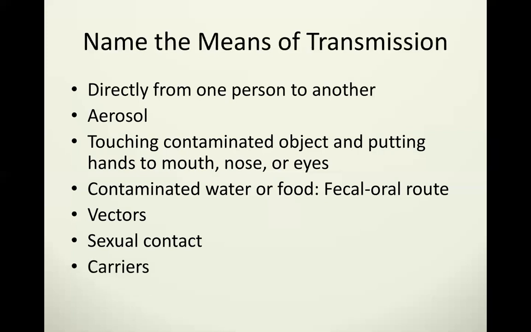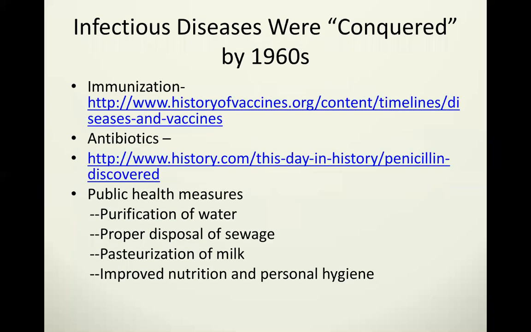And then, of course, carriers. There are sometimes people who show no symptoms, but they are infected, and then they can carry the diseases around. So these are the means of transmission of diseases. And this is one of the things that public health officials are always going out and trying to figure out, how a disease is transmitted, and then breaking that transmission.